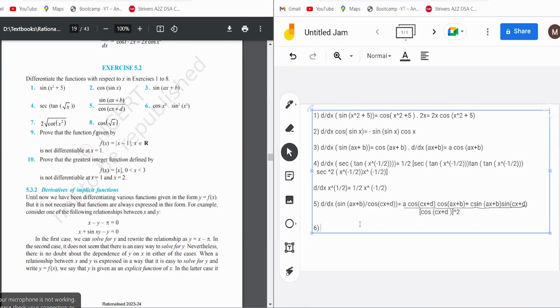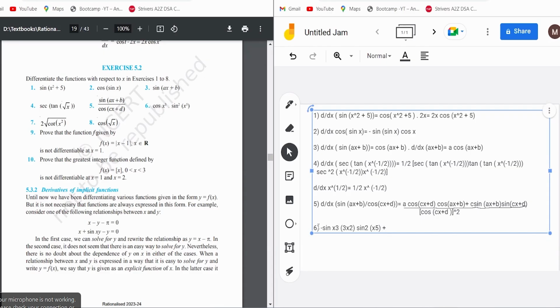So differentiation of first function: differentiation of cos of something is minus of sine of x cube multiplied by differentiation of x cube. Differentiation of x cube is 3x square. Okay. And second function as it is, that is sine square x power 5.